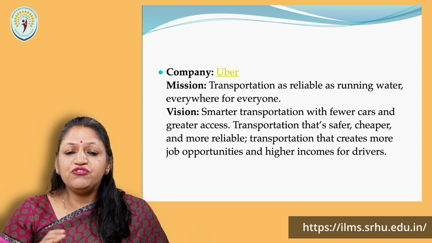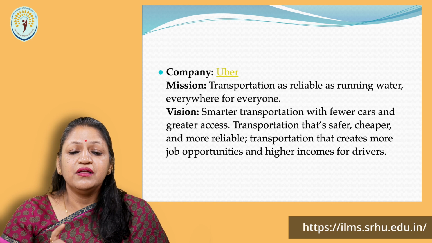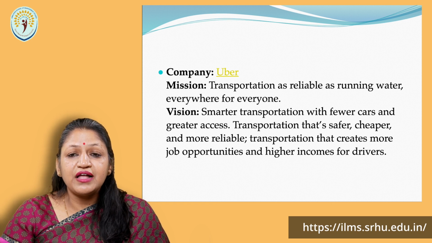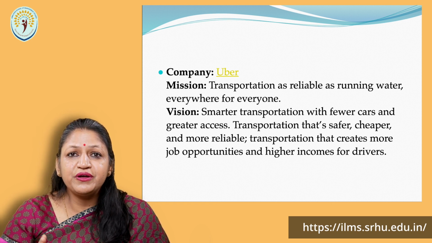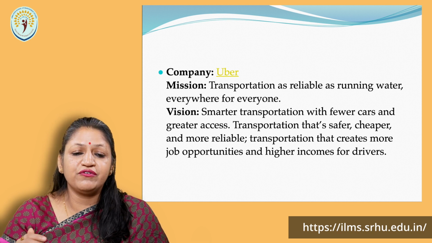When we talk about the vision of Uber, Uber says smarter transportation with fewer cars and greater access. Transportation that's safer, cheaper, and more reliable. Transportation that creates more job opportunities and higher income for drivers.